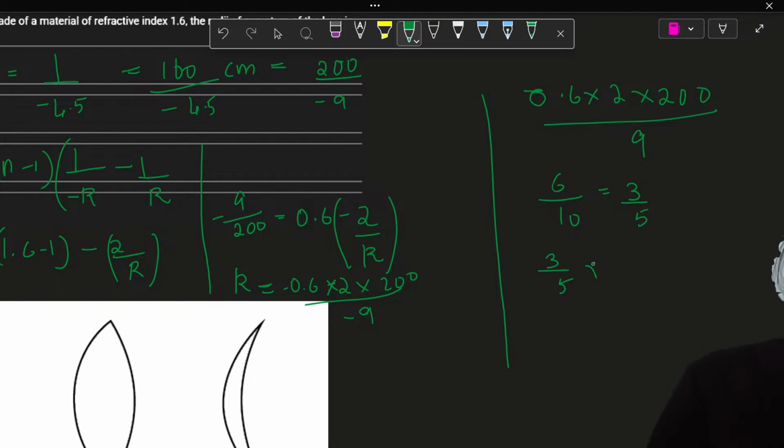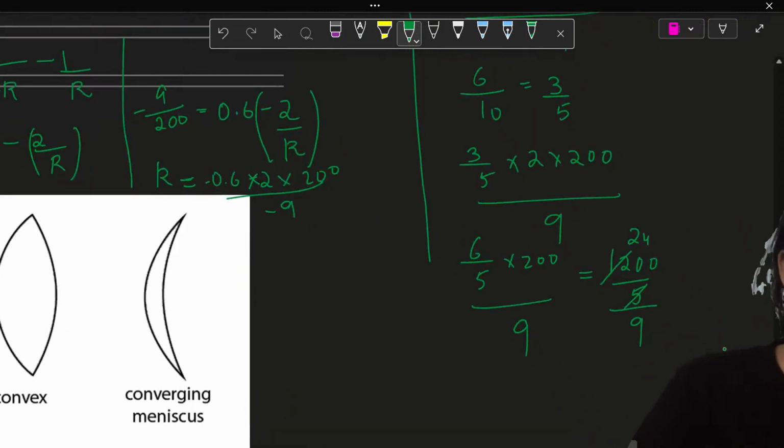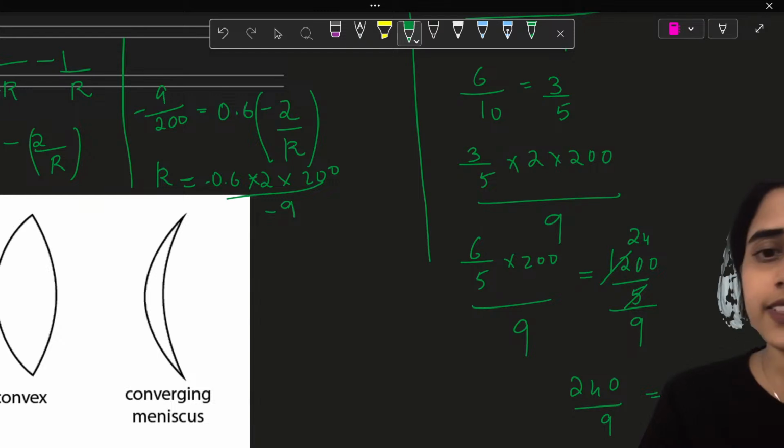So 3 by 5 into 2 into 200 by 9. Now 3 by 5 into 2 is what? 6 by 5. 6 by 5 into 200 by 9. 6 into 2, 12. 1200 by 5 by 9. 1200 by 5 is 240. So 240 by 9, which is 80 by 3. If you solve that, you will get somewhere around 26.